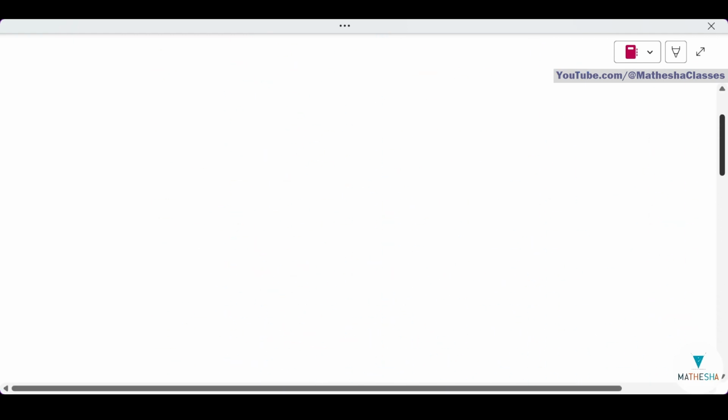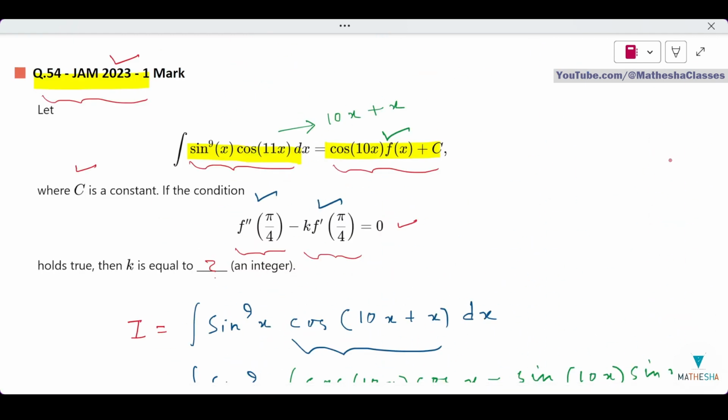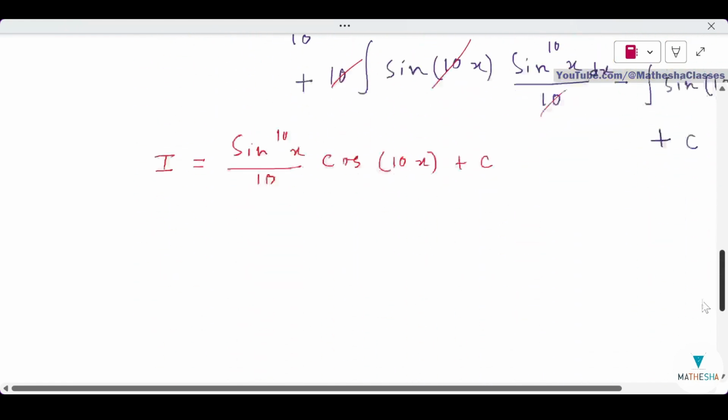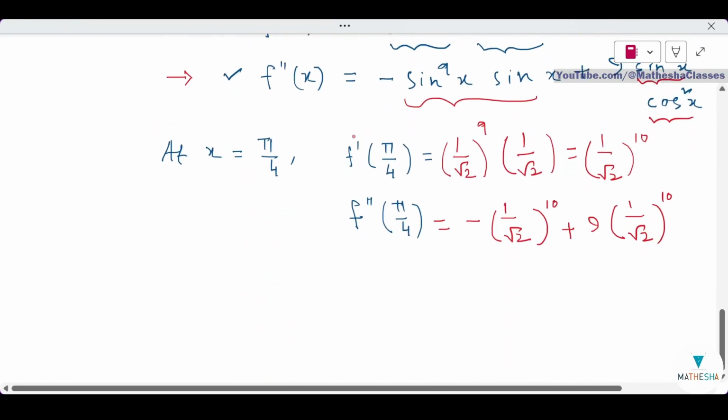Now note carefully, what are you supposed to calculate here? This time you have to calculate f''(pi by 4) minus k f'(pi by 4), and you have to make it equal to 0. So the given expression this time is this.